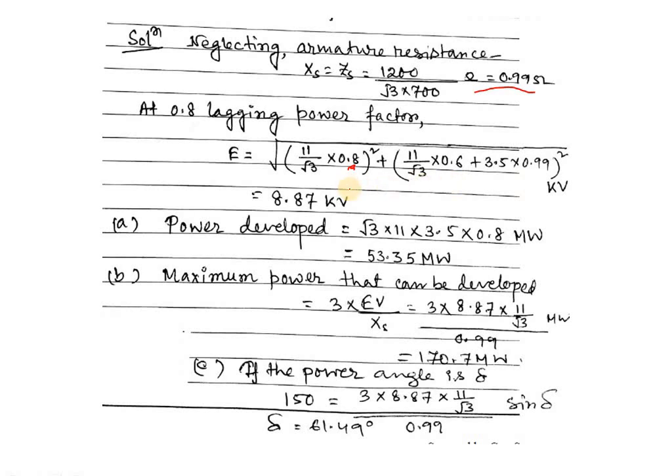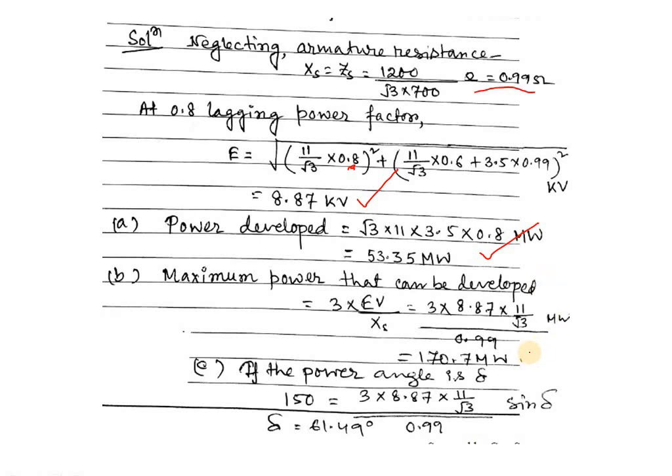In that way we can calculate the EMF, and the power developed is root 3 VI cos phi. Here it will be 53.35 megawatt, and the maximum power developed is 3 EV by XS.